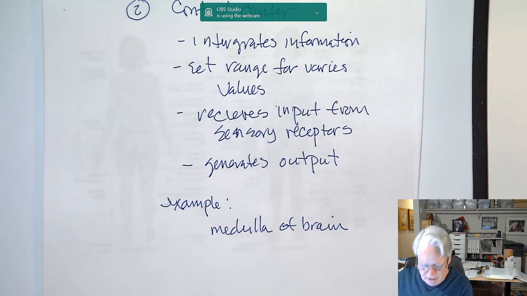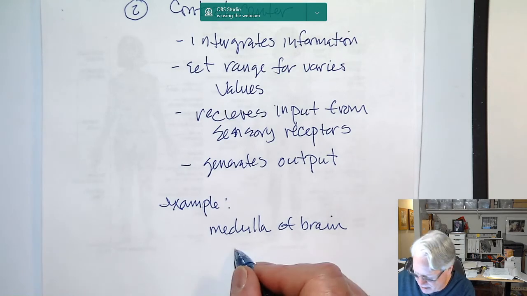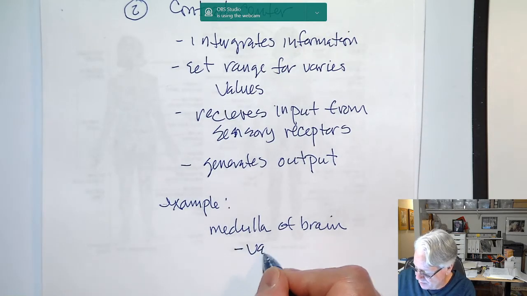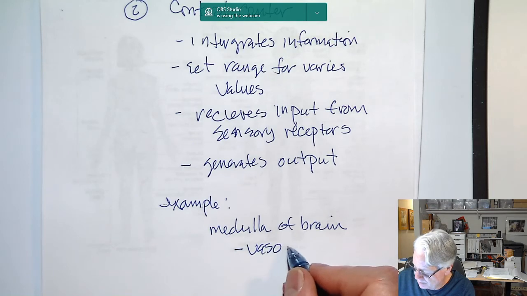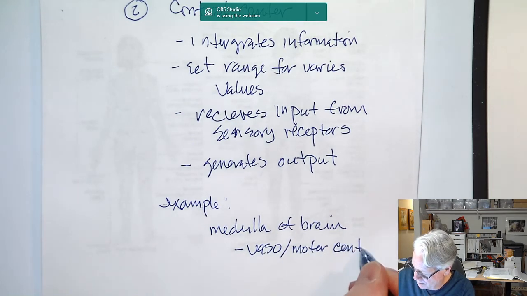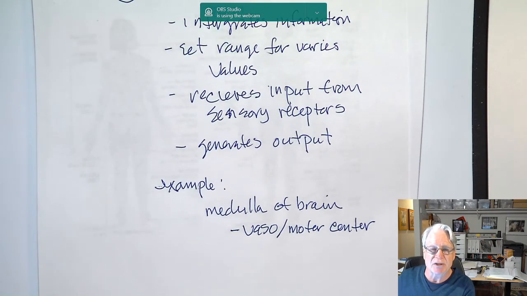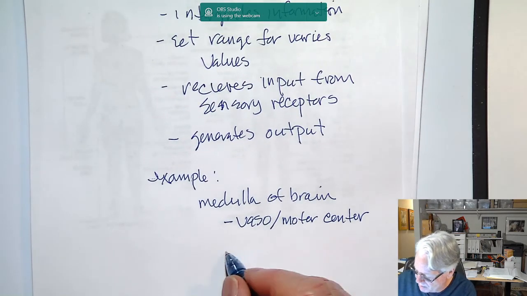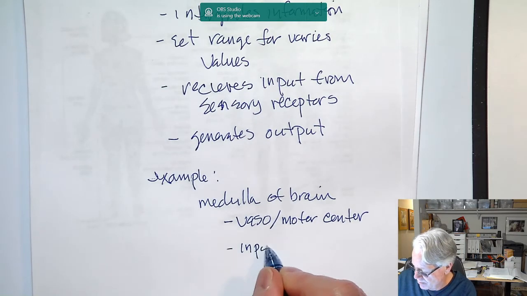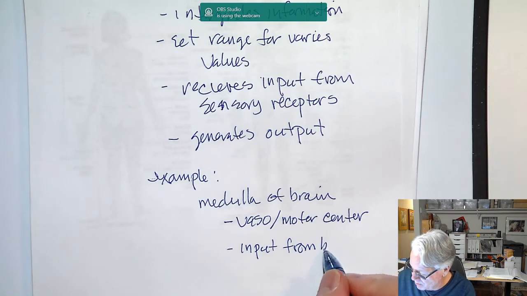So inside the medulla is an area which is called the vasomotor center. And that is going to receive the input from the baroreceptors.